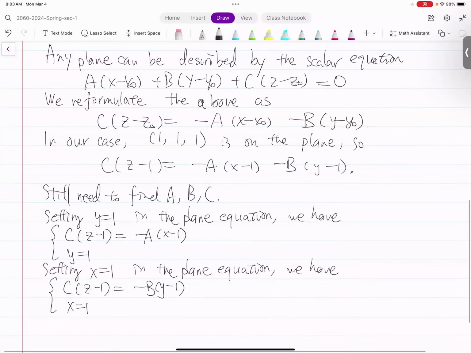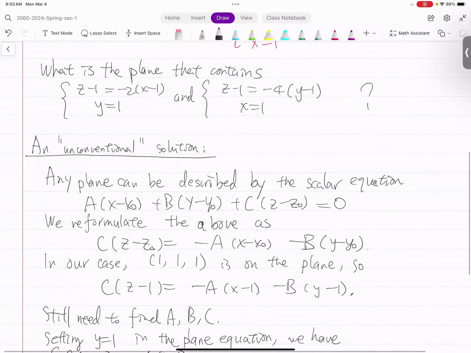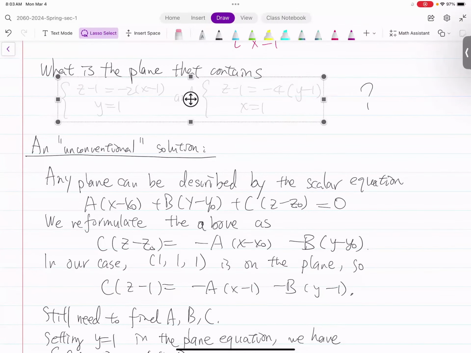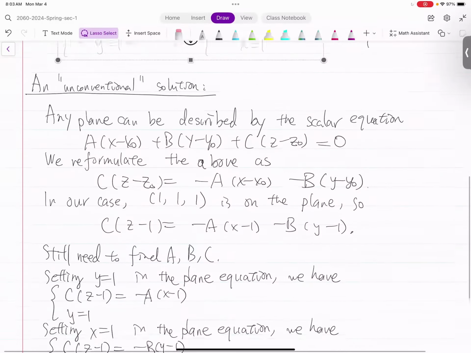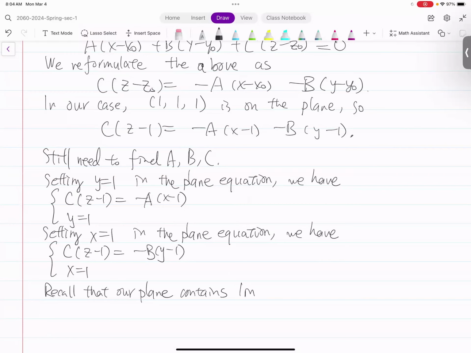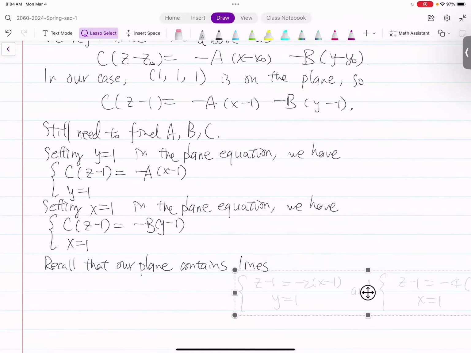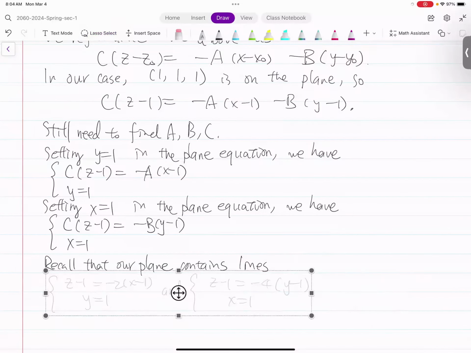Okay. So recall, I'm going to cheat again by referring to one of the statements that we have on top. So these are the two lines that we are given. Recall that our plane contains the following lines that are copied from a little earlier.